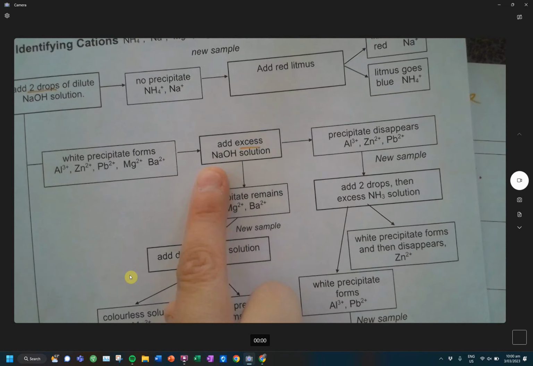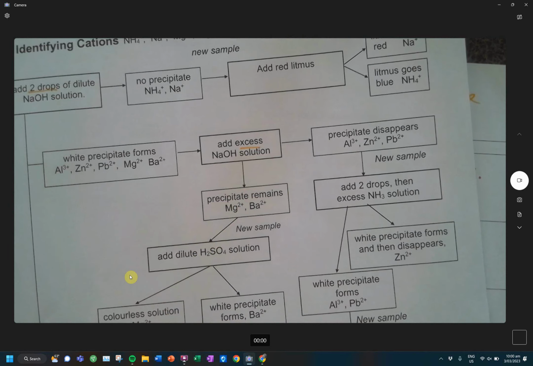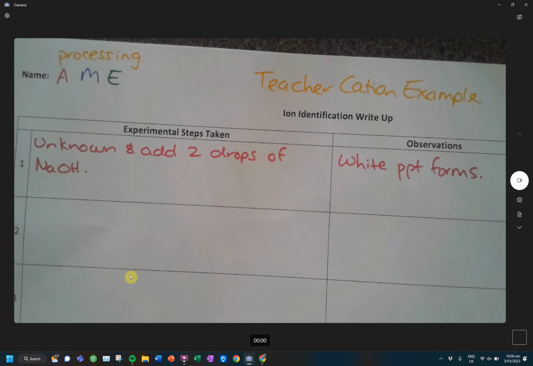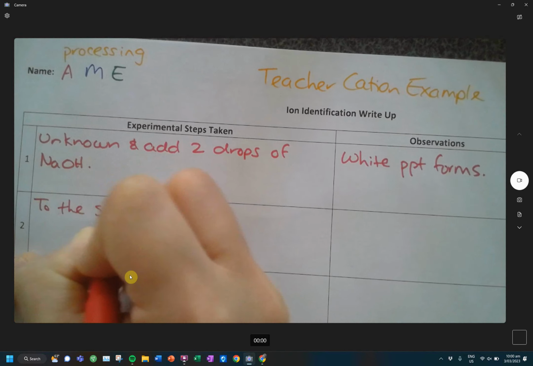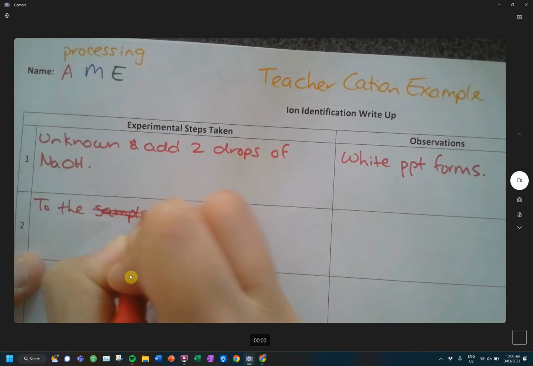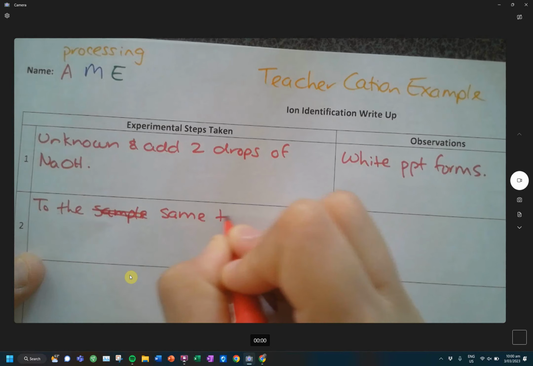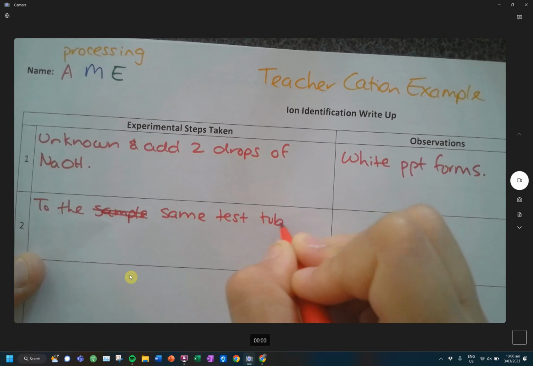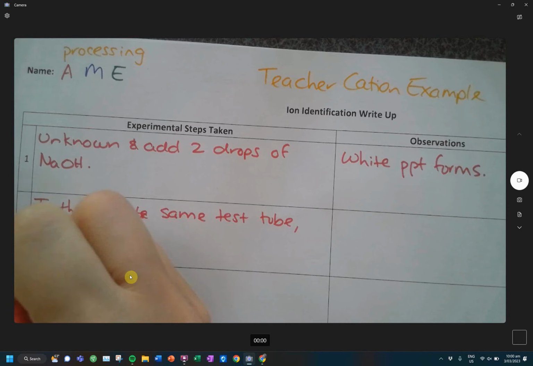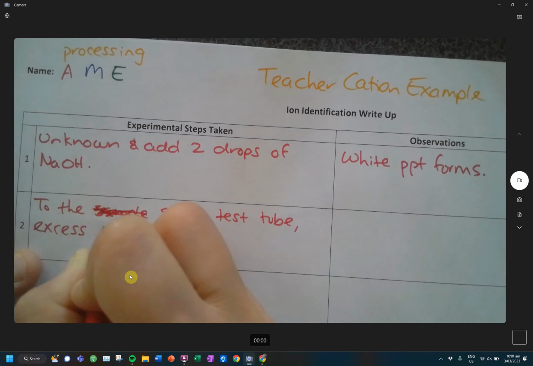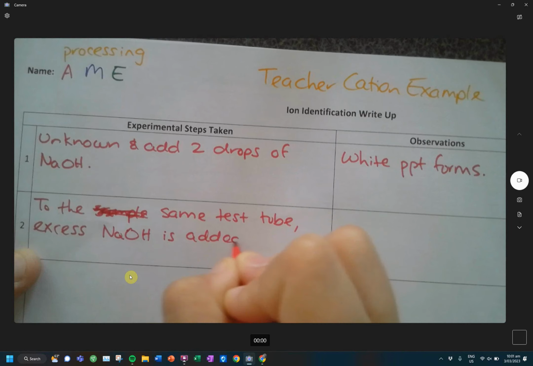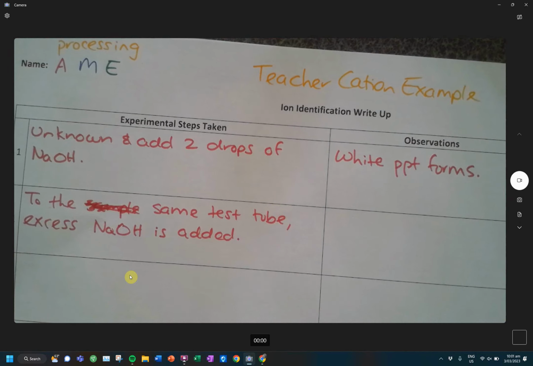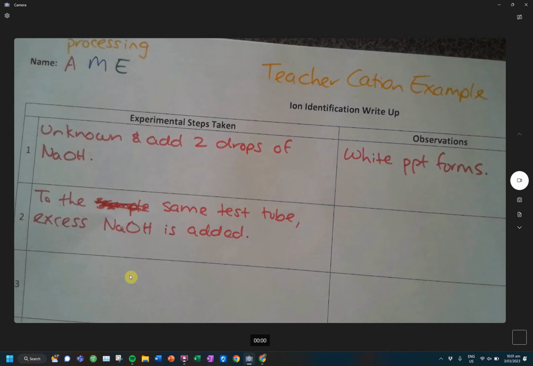All right. Now, when I look at my flow chart, it says add excess sodium hydroxide into my solution. So we're going to use the same sample, the same test tube. Excess NaOH is added. So remember, for the achieved, I need to see all your experimental procedures.